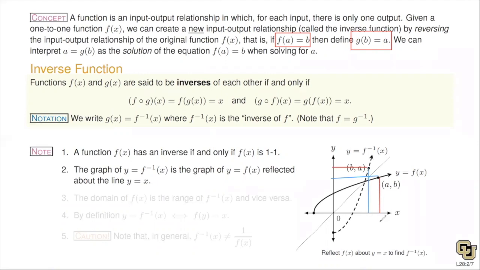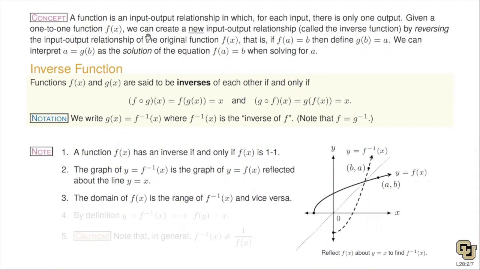We've literally reversed our relationships of input and output. The result in the graph is we're basically flipping about the diagonal. It's completely flipped. So by reflecting around the diagonal line, we can find the graph of the inverse.